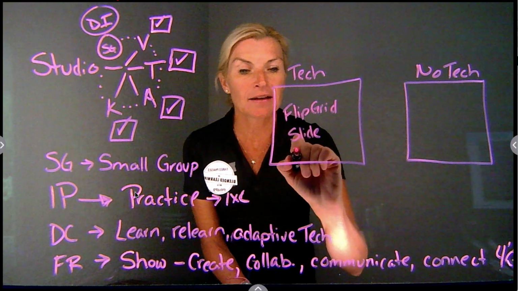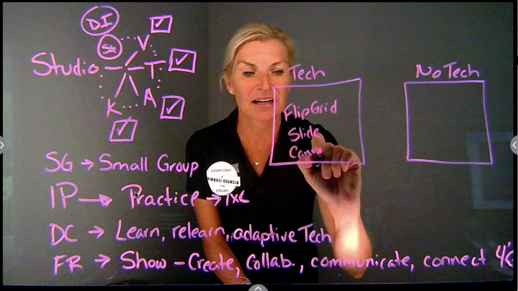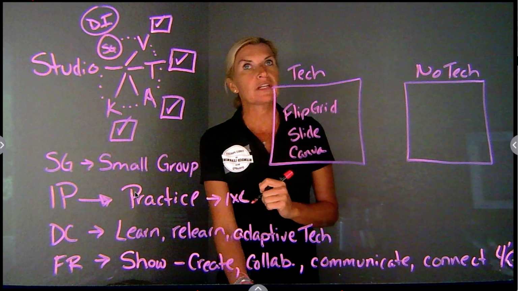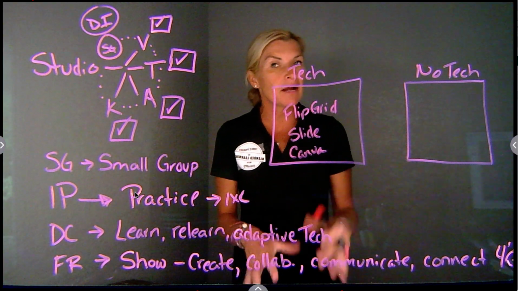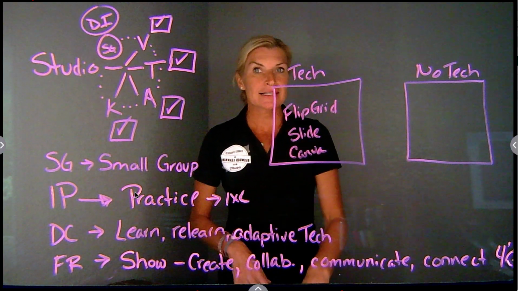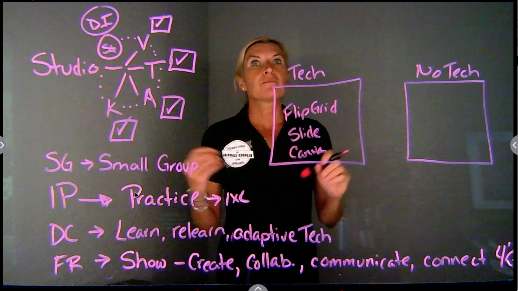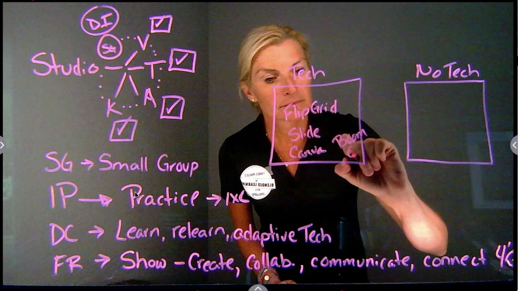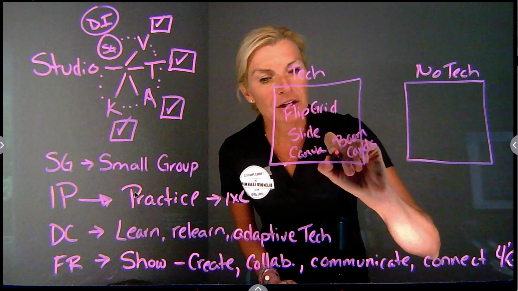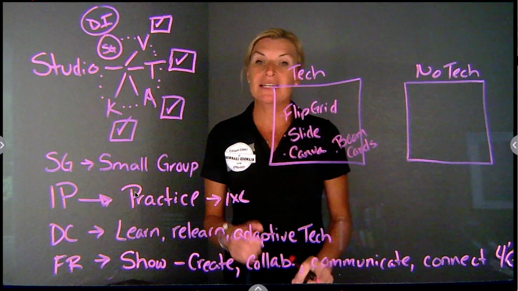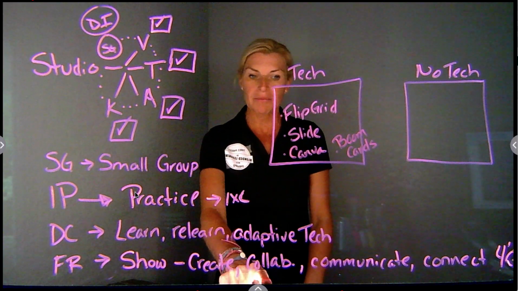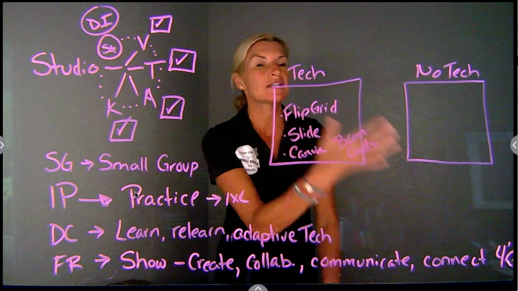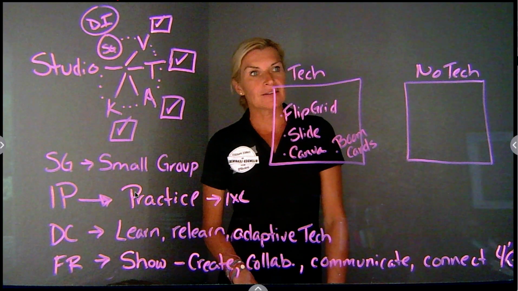They could be doing Canva. They can create kind of like a little poster. Another one that we really use a lot would be any timeline activities, boom cards. All of these things could be considered future ready because the kids are creating, they're collaborating, they're communicating, they're connecting that information to themselves, and they're using some critical thinking skills.